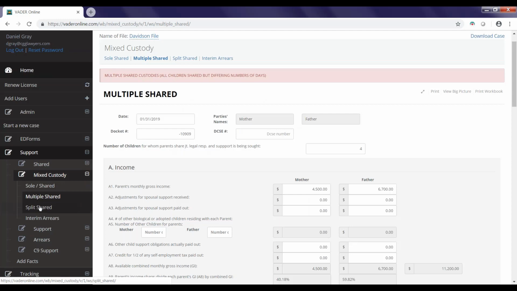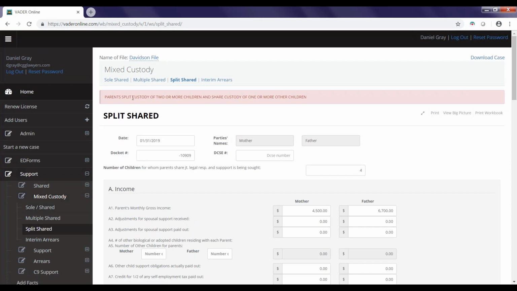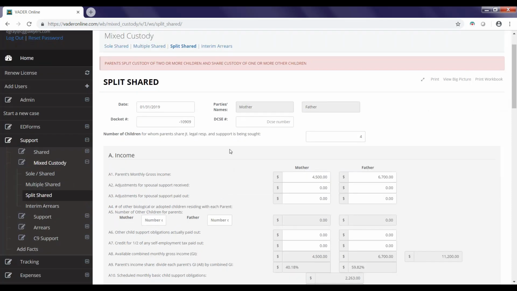Now our third scenario, again, split shared. Clicked on that. This is where parents are splitting custody of two or more children and share custody of a third or more children. So again, the same information that we had entered in before appears in this worksheet. The gross incomes remain the same.